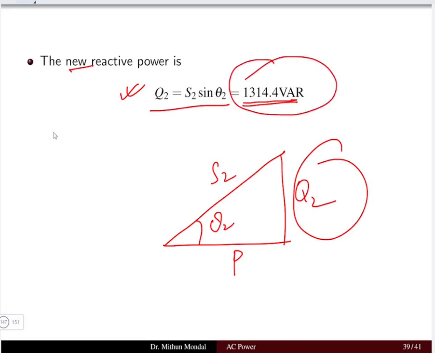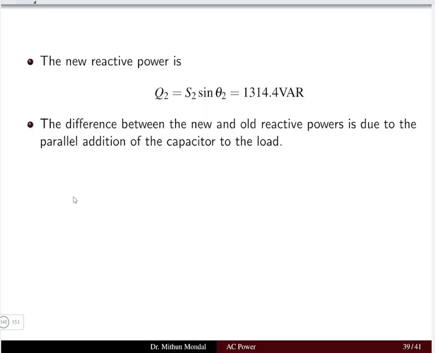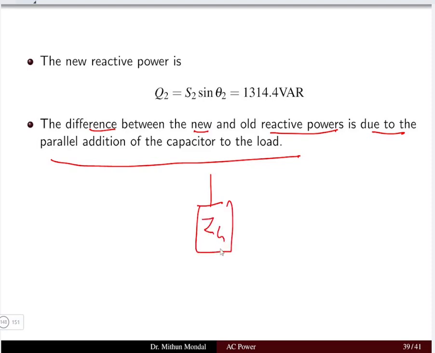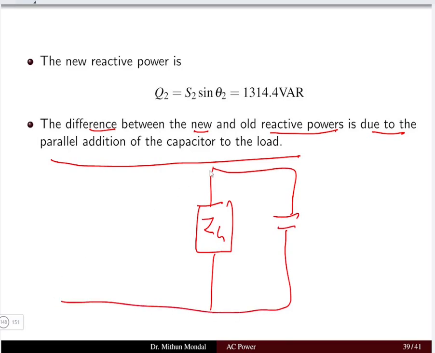So you have been able to reduce the reactive power of the system. The difference between the new and old reactive power is due to the parallel addition of a capacitor to the load. You have a load impedance ZL and you have added a capacitor in parallel, in parallel with a source which is V RMS.